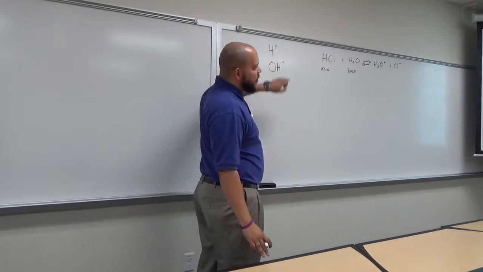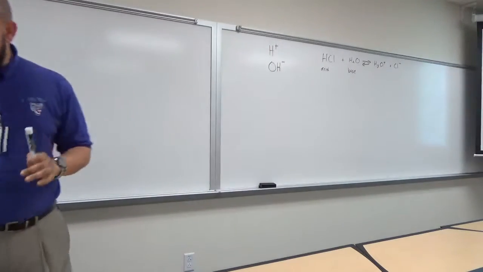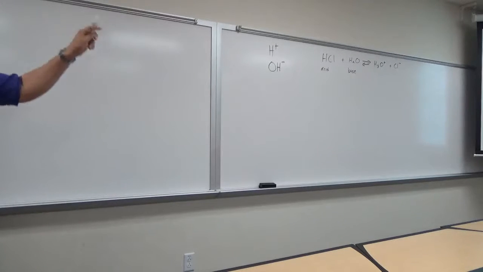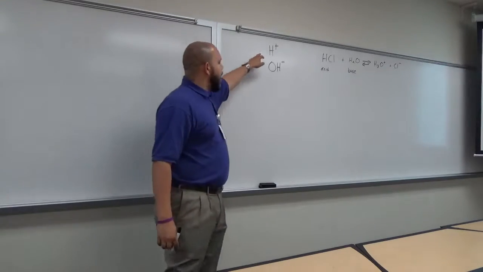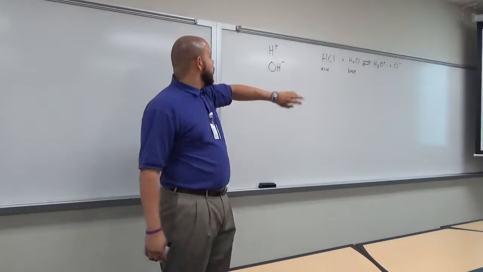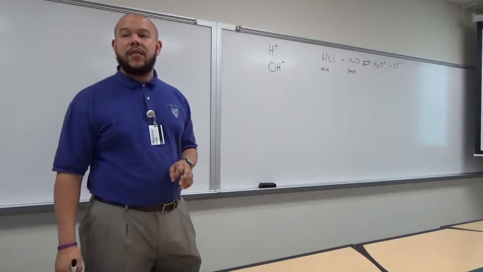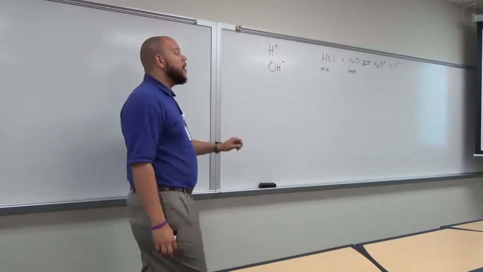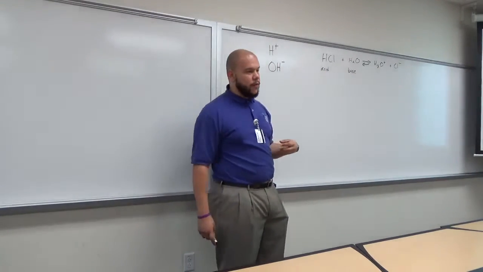One thing that I must say from an energetic standpoint, from what is really happening, H plus does not exist for any extended period of time by itself. H plus, because it has one proton, no electrons, is highly unstable by itself. H plus is immediately looking for a lone pair to associate itself with.